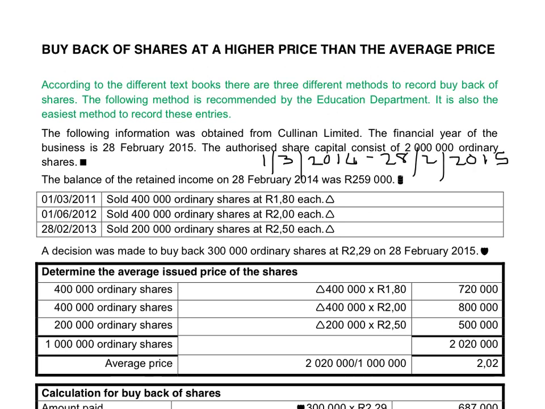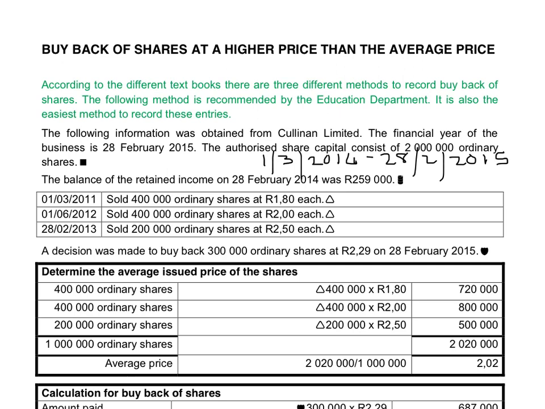Any transactions before 1 March 2014 are before the current financial year and will form part of the opening balance. Any transactions between 1 March and 28 February 2015 will be entries for the current financial year.